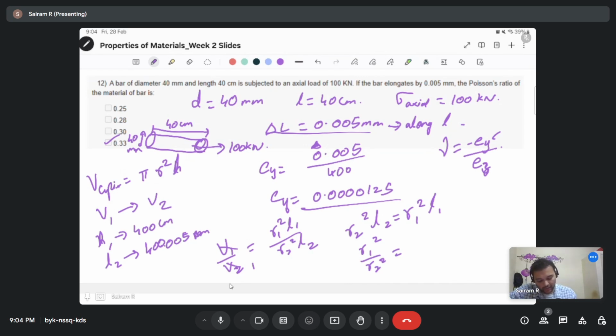R1 is 40 mm. So R1 square by R2 square should be L2 by L1, which is 400.005 divided by 400.